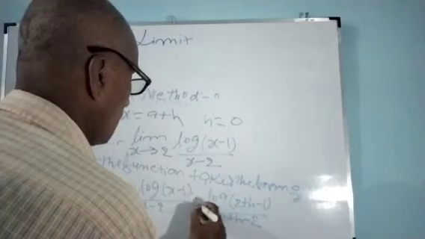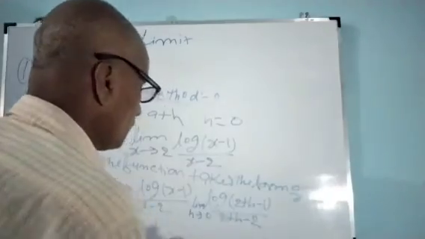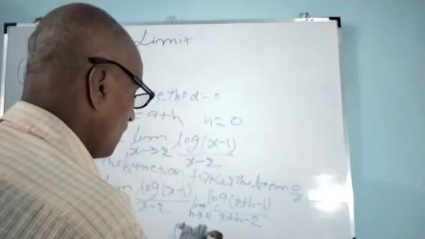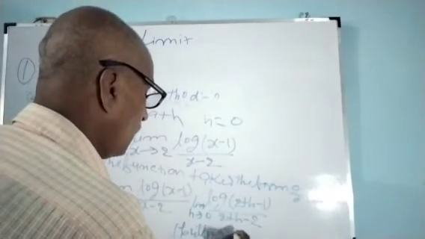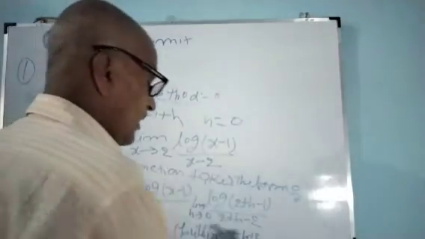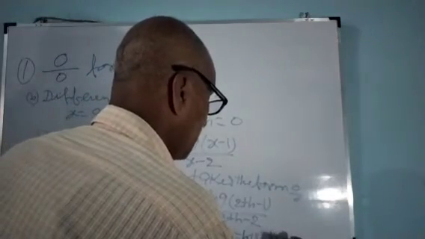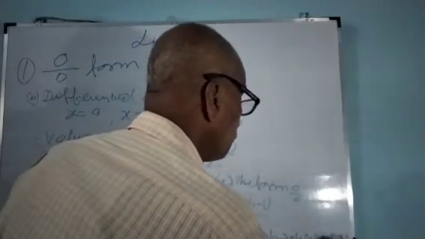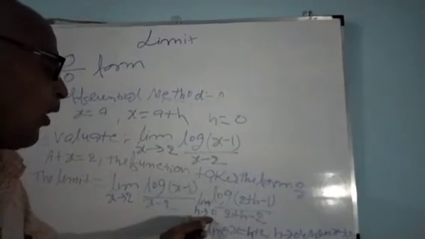Put x equal to h plus 2. In this case, h tends to 0 when x tends to 2. When we put x equal to h plus 2, h tends to 0 when x tends to 2. So the function takes this form.